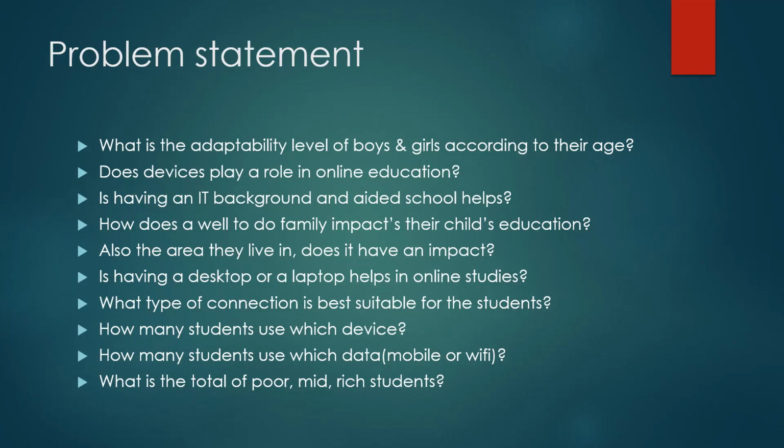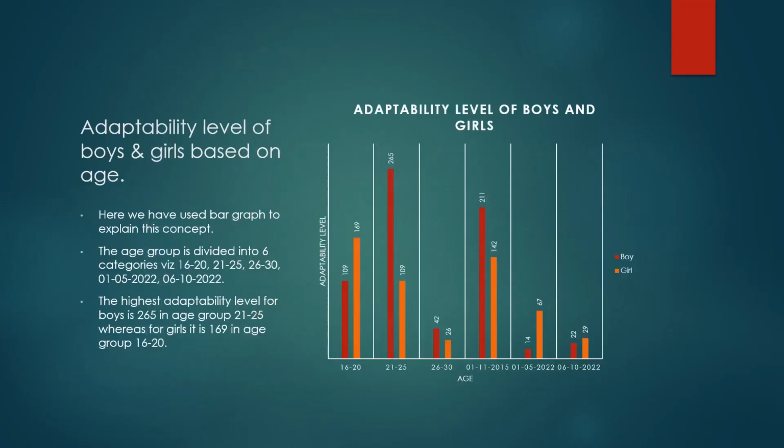So let's get started. First of all, the adaptability level of boys and girls. Here we have divided, and we have used a color coded system for that. Red is for boys and orange is for girls. The age groups have been divided into 16 to 20, 21 to 25, 26 to 30, and starting from 1st November 2015, and also from 1st May 2022, and also we have 6th October 2022.